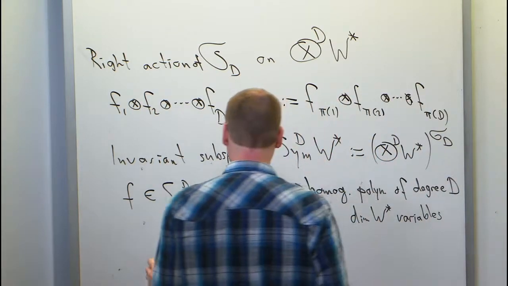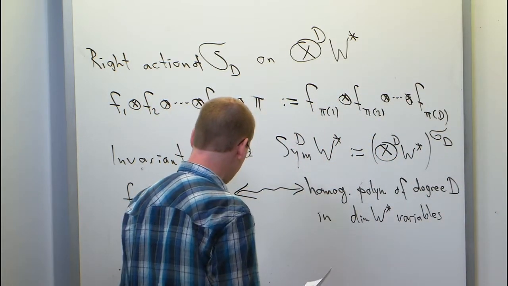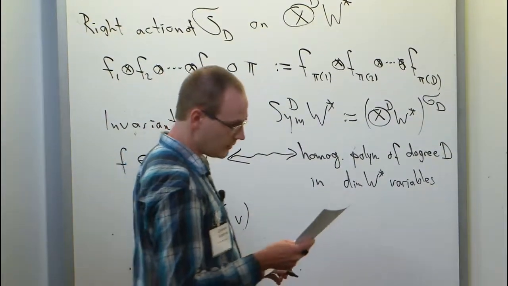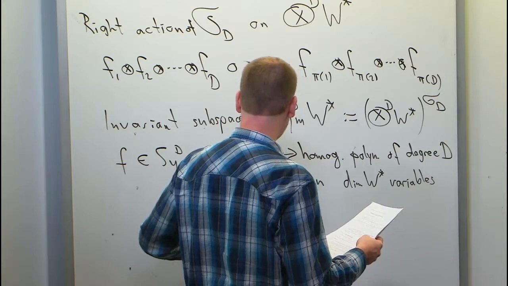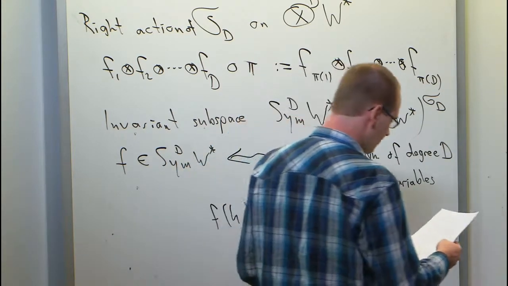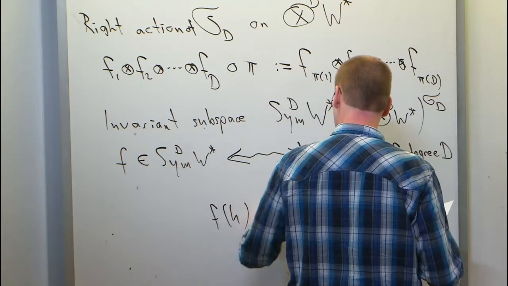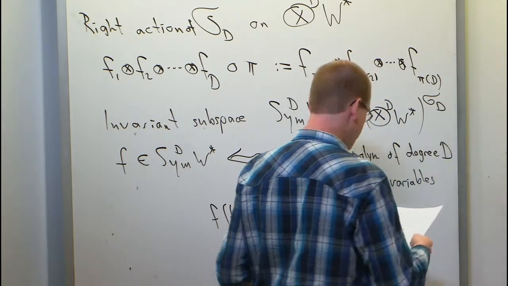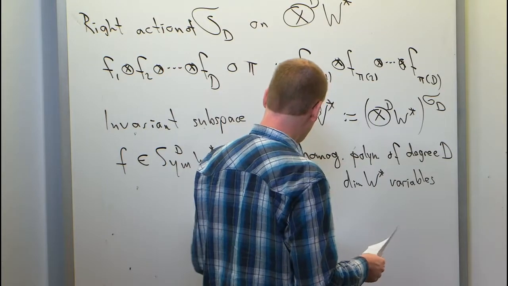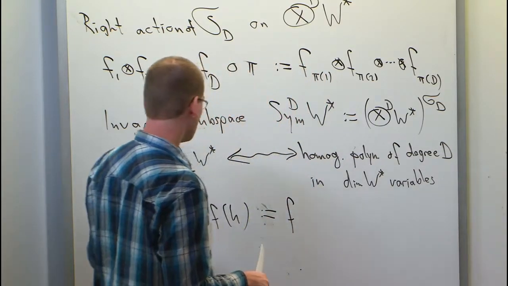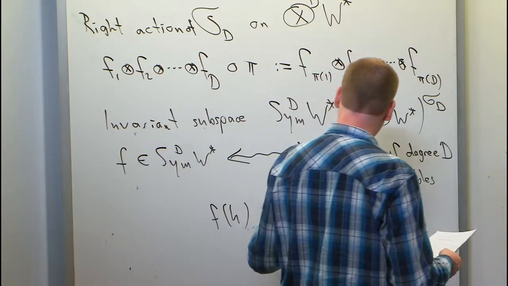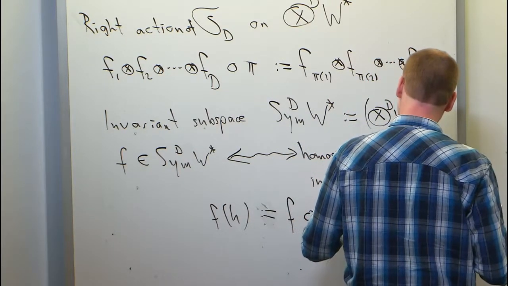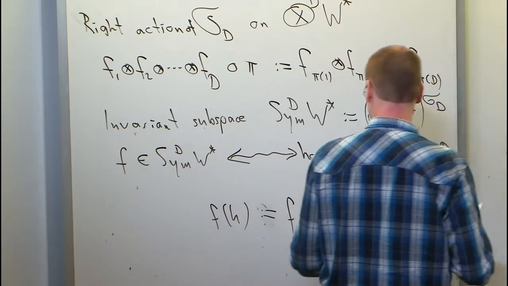And how does it work? Say you have your f, and you want to evaluate it at some h. How is it defined? You can define polynomial evaluation by saying you have your tensor, a row tensor, and you do tensor contraction with the dth tensor power of h.